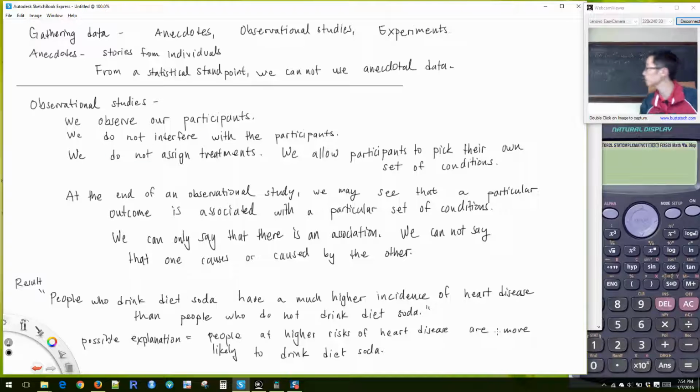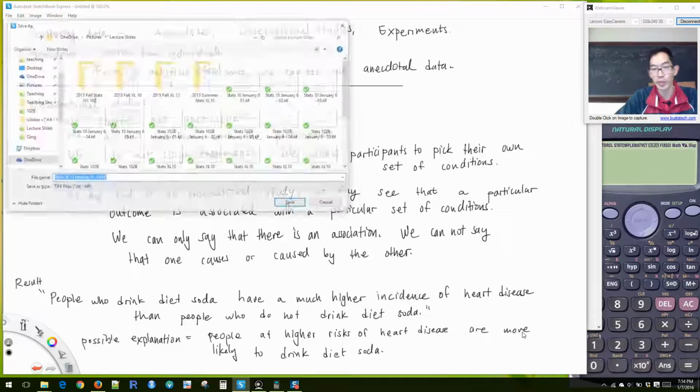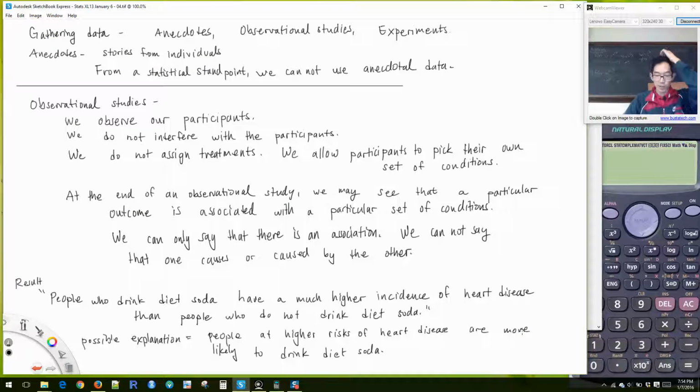So anyway, this is what we have from observational studies. And so if you muddy the results of the study enough, it can be tempting to draw these types of conclusions. Okay, so always keep this in mind.